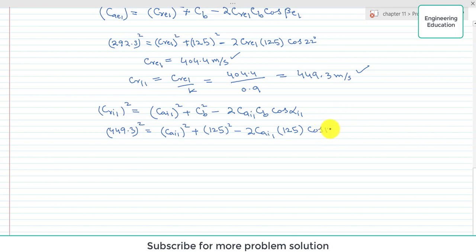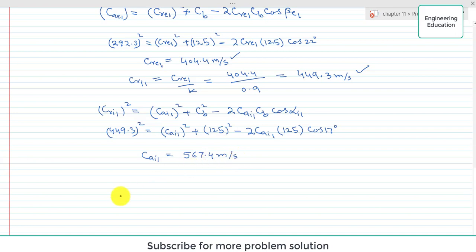Alpha I1 is 17 degree. So rearranging it and solving it for CAI1, the value of CAI1 comes out 567.4 meter per second.